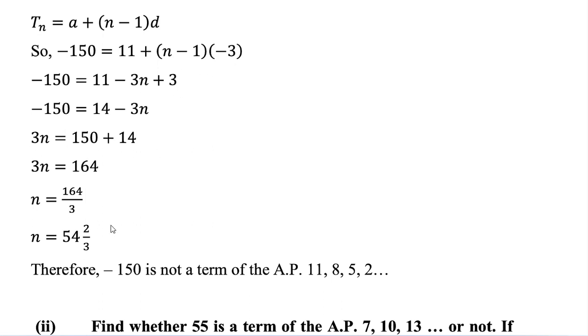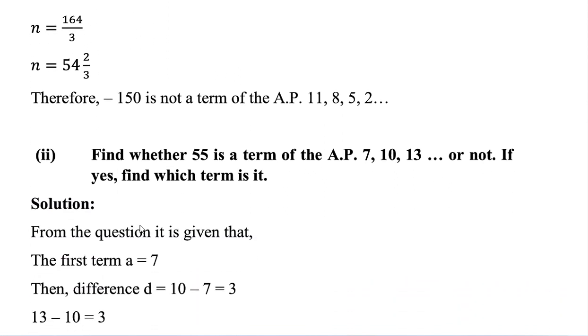Calculate it with a little bit of simplification and you will get n as 54 whole 2 by 3. It's a fraction, therefore minus 150 is not a term. If it is a whole number, then we can say that yes, minus 150 is a term. But 54 whole 2 by 3 means it's not a whole number, it's a fraction, so it cannot be a term of that particular AP. Come to the next problem.